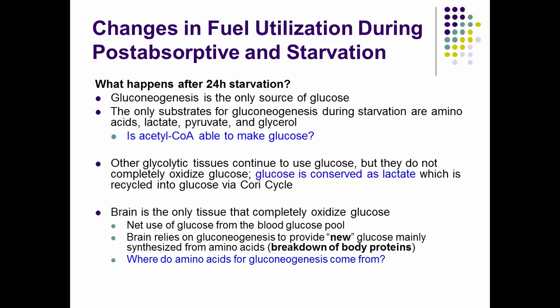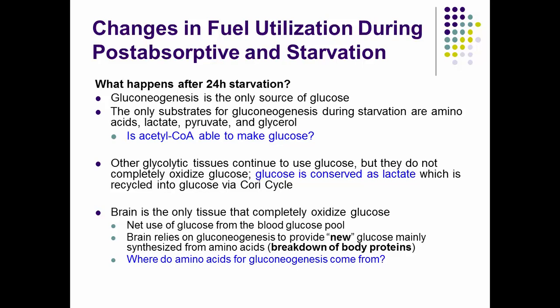Now, what happens after 24 hours of starvation? Then we enter sort of a phase 3. First of all, gluconeogenesis is the only source of glucose because glycogen has been depleted. We don't have a glycogen store anymore after 24 hours.